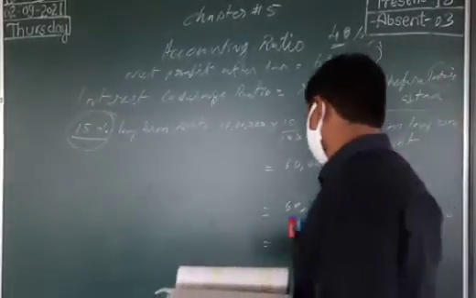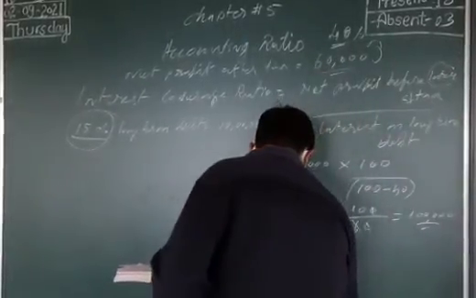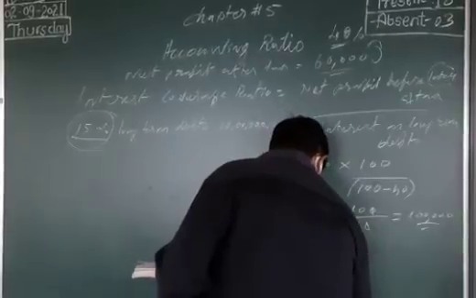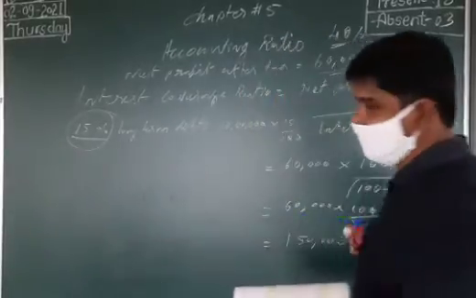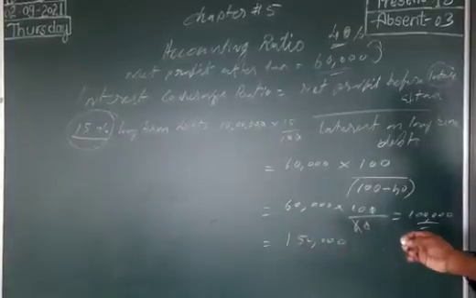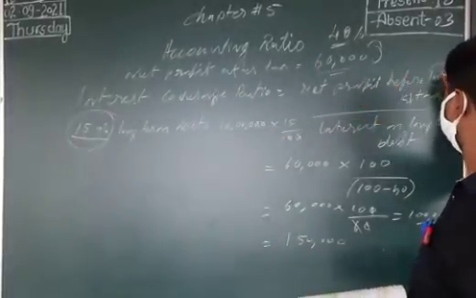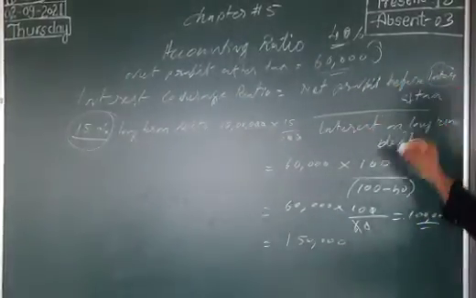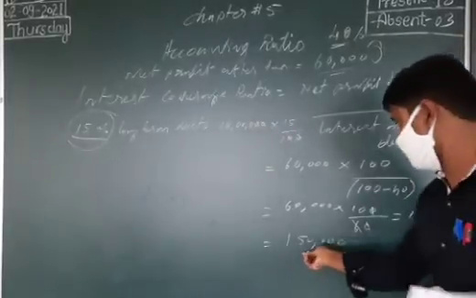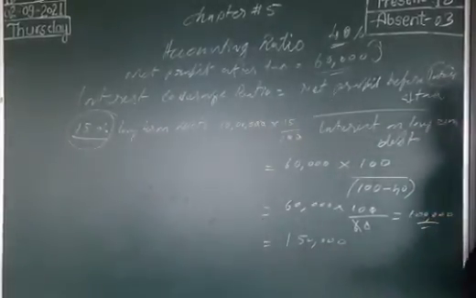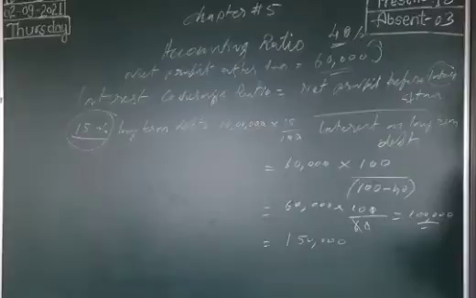So now we have found that the interest is 1 lakh 50,000. So what is our net profit before interest and tax? We need to add this 1 lakh 50,000 plus 1 lakh. You understand?